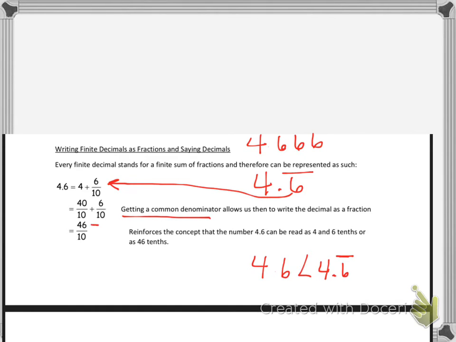And when you see this, you recognize, oh, wait a second, I can call this 4 6/10, but I can also call it 46/10, which is a nice concept for them to understand, that there may be more than one way to say a number or say a decimal.